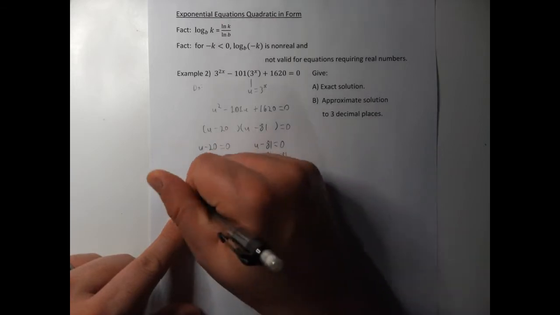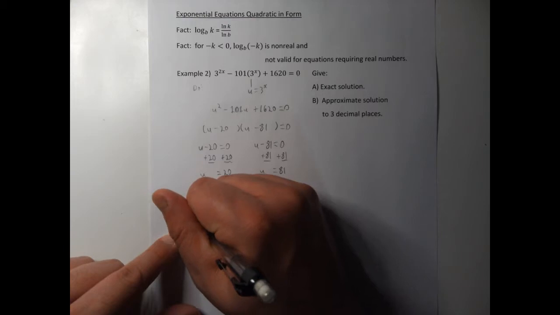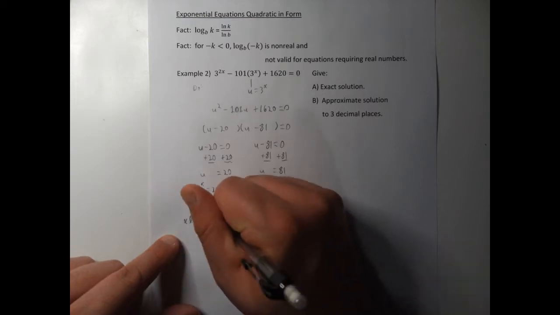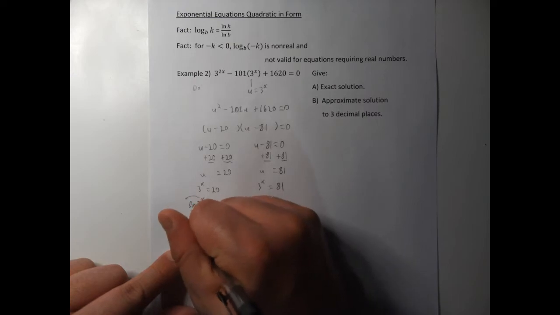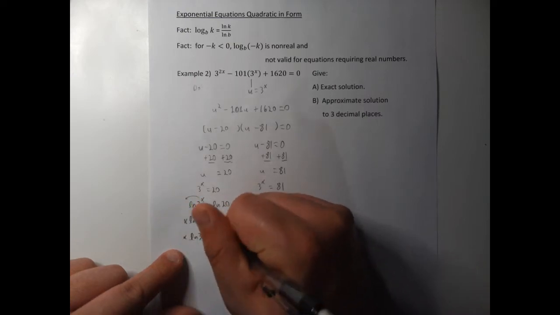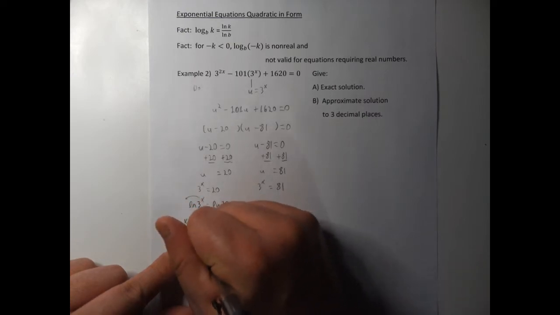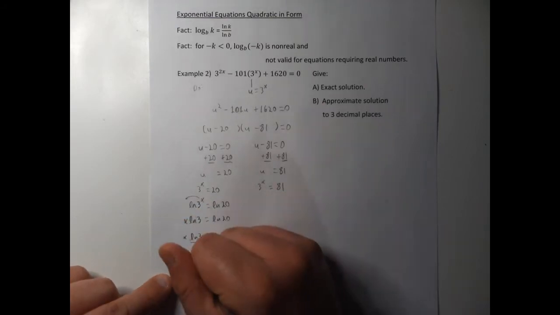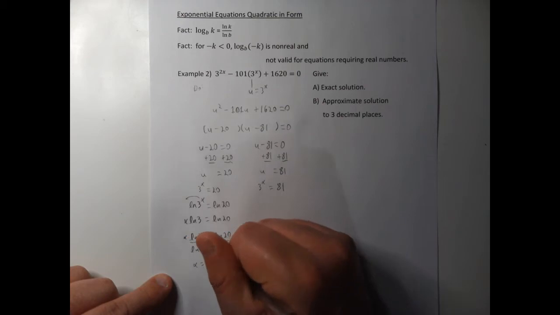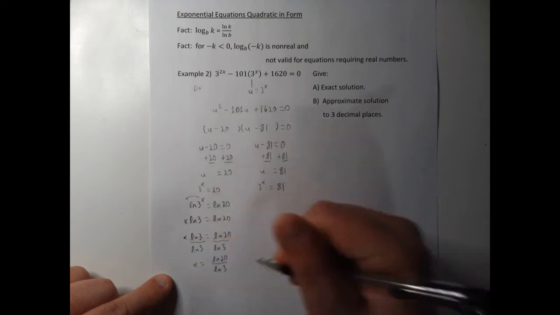I'm going to take the x to the front, and then I'm going to divide out the natural log of 3 to isolate the x. So x equals natural log of 20 over the natural log of 3.